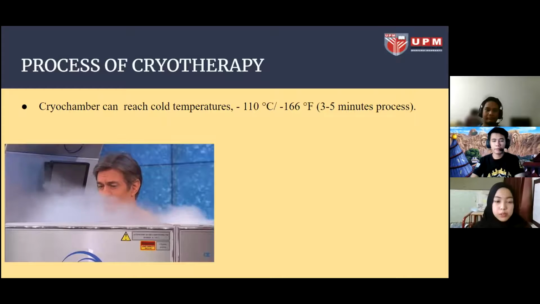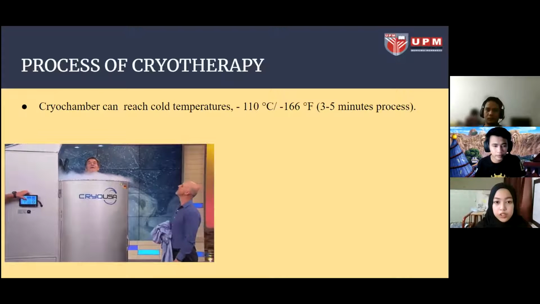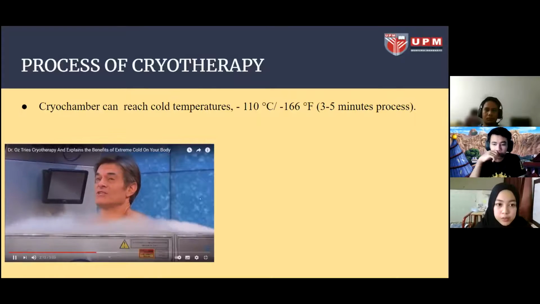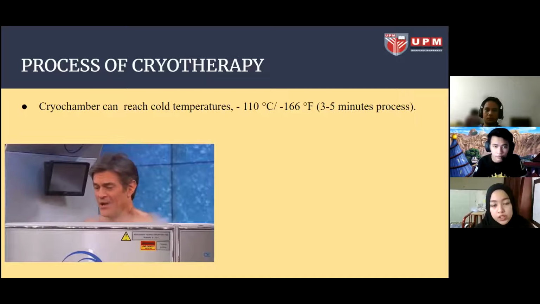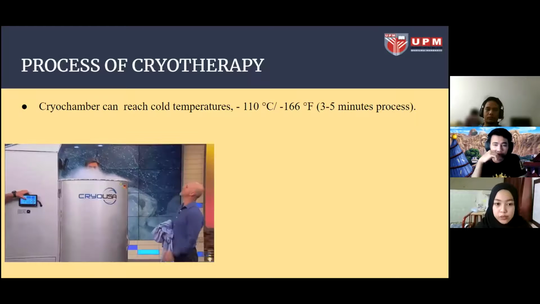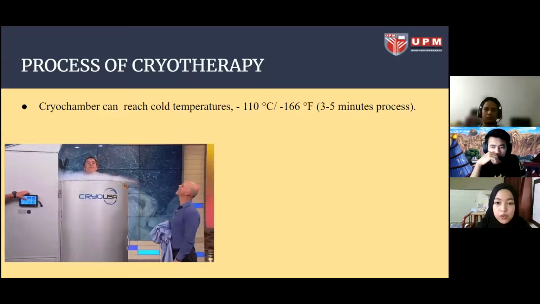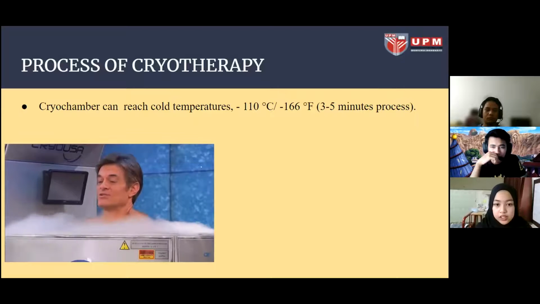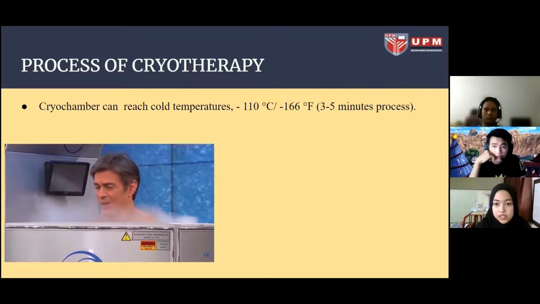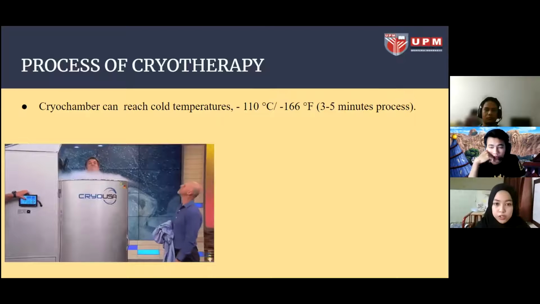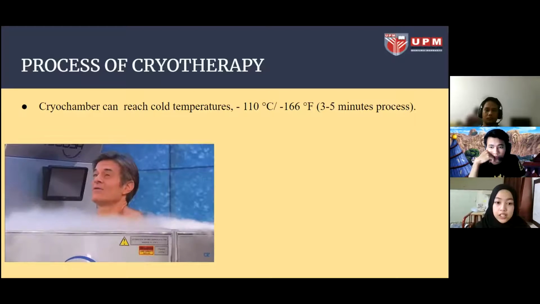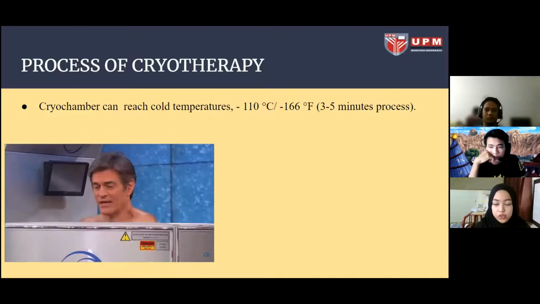Okay, for the next part, I will explain the process of cryotherapy. In this process, a cryochamber is used, which can reach a extremely cold temperature as low as negative 110 degrees Celsius, equivalent to negative 166 degrees Fahrenheit. The whole process takes an individual 3 to 5 minutes.